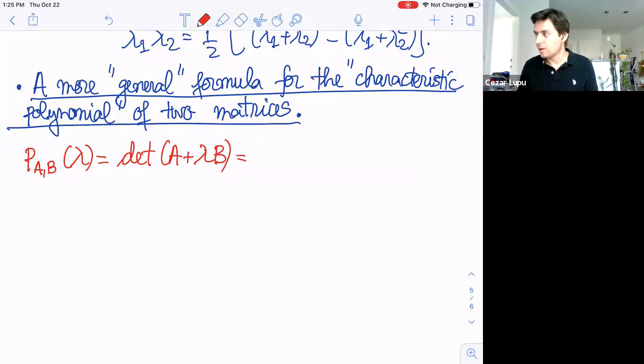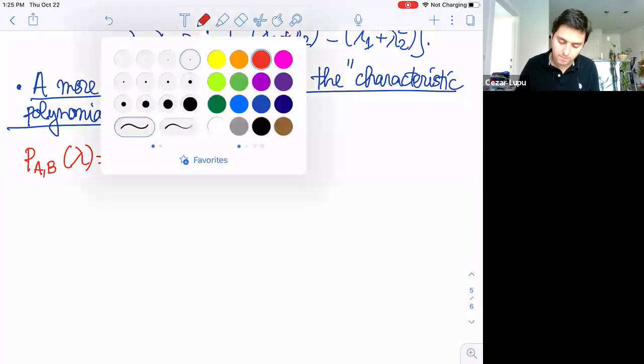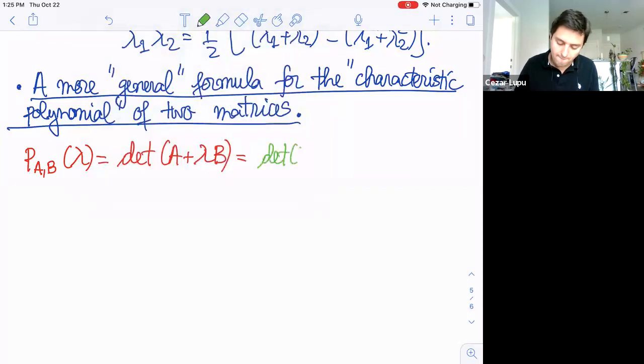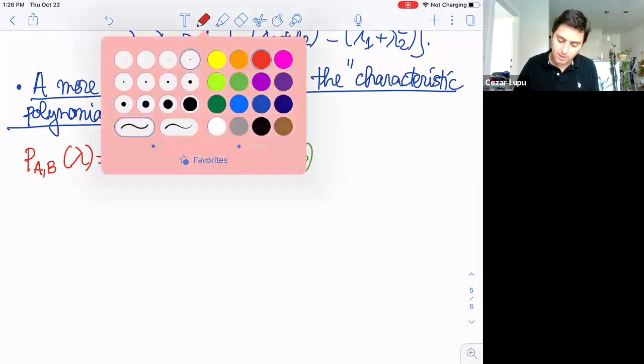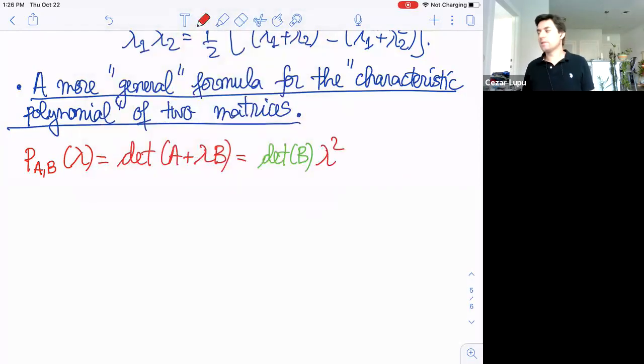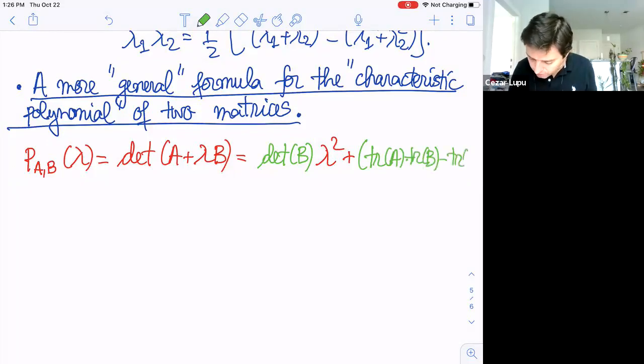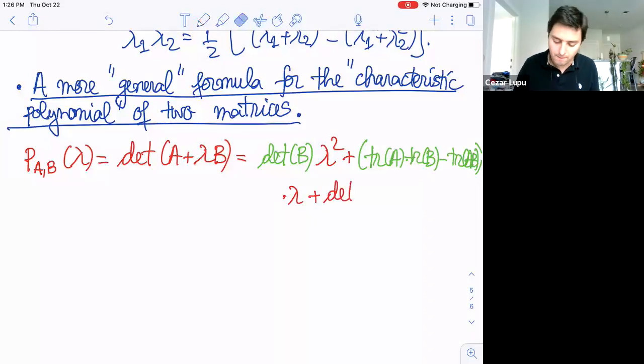And this would be equal to, and hold your breath here, the determinant of B times lambda squared, plus this coefficient, which is the trace of A times the trace of B minus the trace of AB, times lambda, plus the free coefficient, which will be the determinant of A.